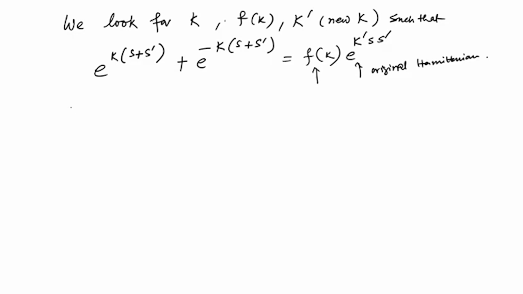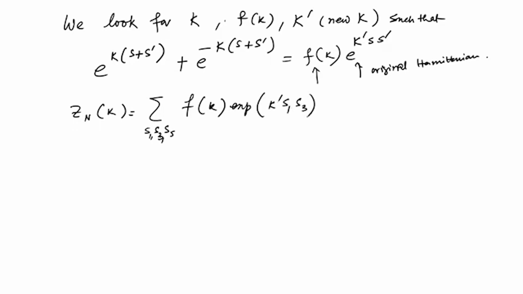So, this can be done as Z_N(K) is equal to the sum over S1, S2, S3, S5 etc. This is like f(K) exponential K prime S1 S3, f(K) exponential K prime S3 S5.